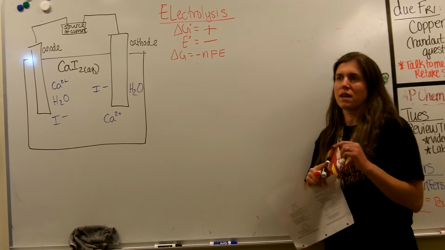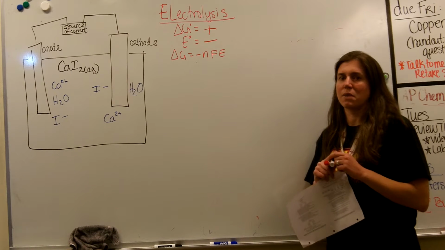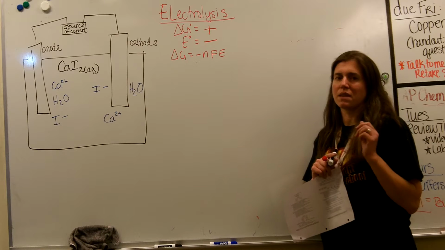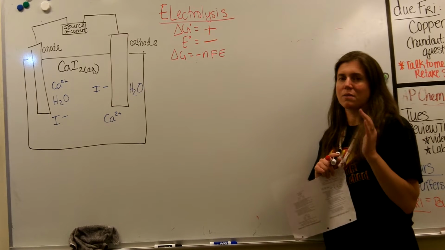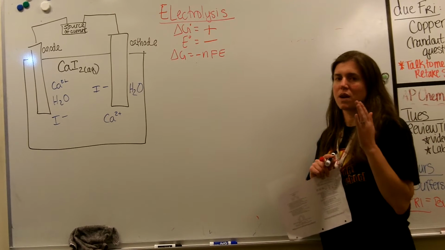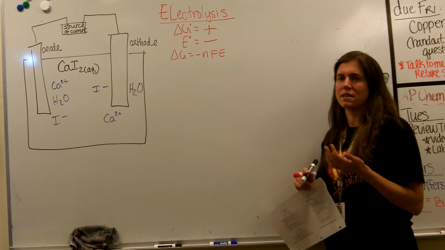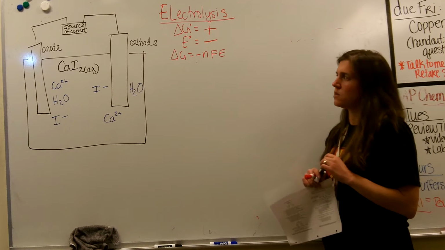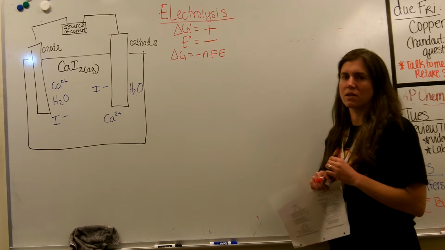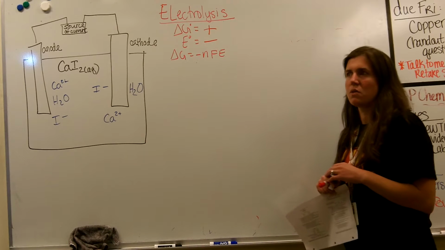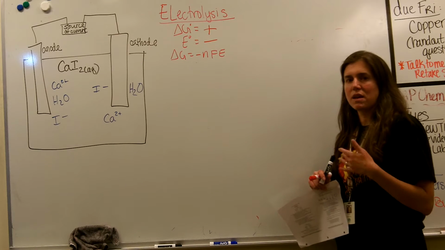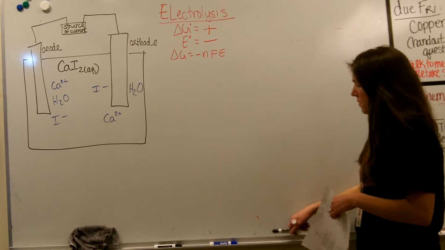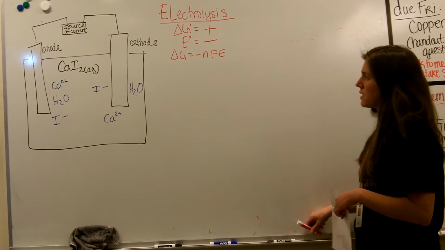So if you were, for example, electroplating something, you might say, if I hooked up this much current for this amount of time, how many grams of copper might I be able to plate onto this sample? So that is doing some calculations. This video will just deal with what's going on in the cell and how to determine who's being oxidized, who's being reduced. Here's an example of an electrolytic cell.